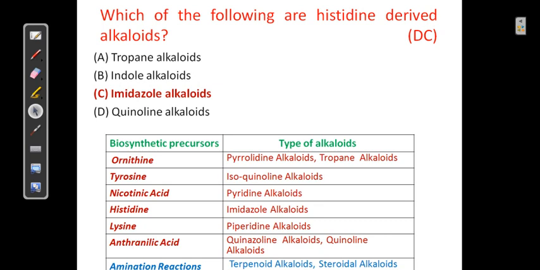From ornithine, pyrrolidine alkaloids and tropane alkaloids are derived. From tyrosine, isoquinoline alkaloids are obtained. From nicotinic acid, pyridine alkaloids are produced. From histidine, imidazole alkaloids are derived. From lysine, piperidine alkaloids are derived. From anthranilic acid, quinazoline alkaloids and quinoline alkaloids are derived. And from amination reaction, terpenoid and steroidal alkaloids are obtained.